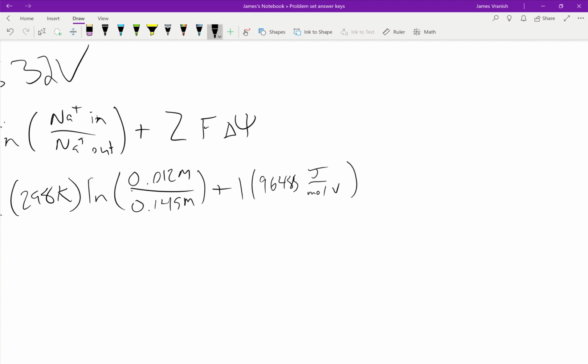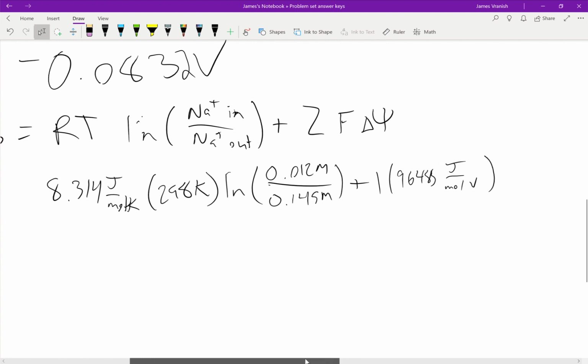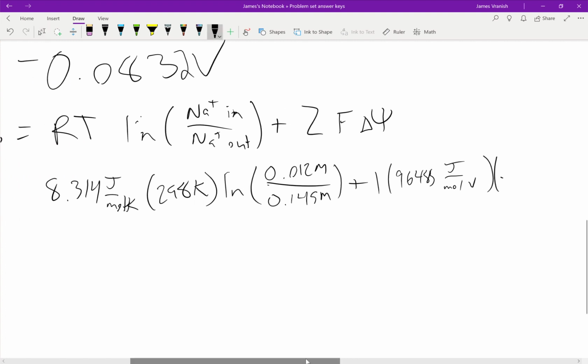And our delta psi, which we just figured out, is negative 0.0832 volts.